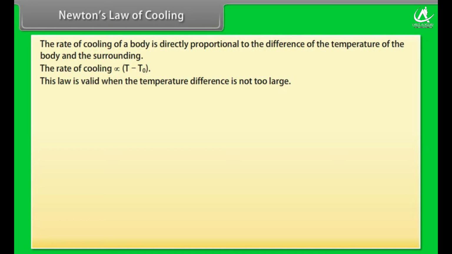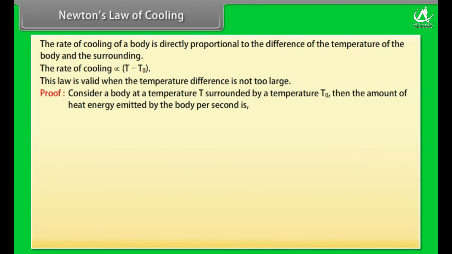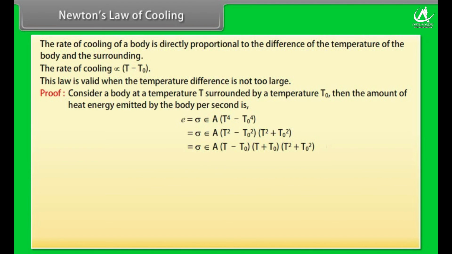Let's see the proof. Consider a body at a temperature T surrounded by a temperature T0. Then the amount of heat energy emitted by the body per second is E = σeA(T - T0)(T + T0)(T² + T0²).